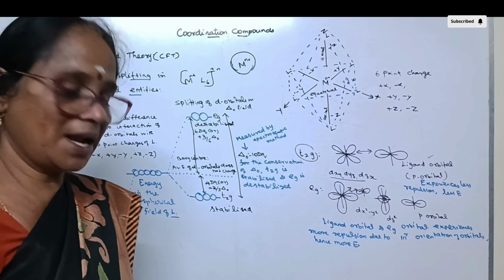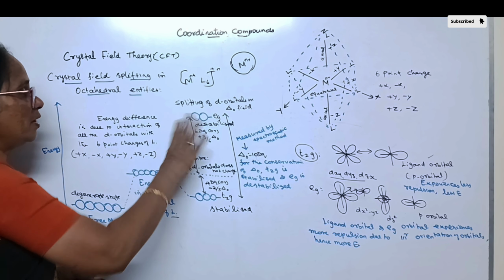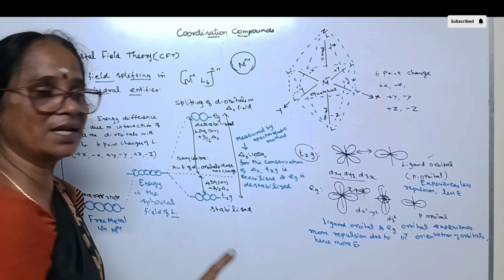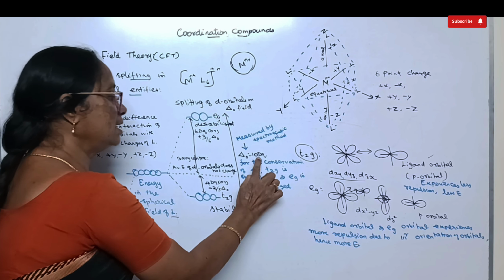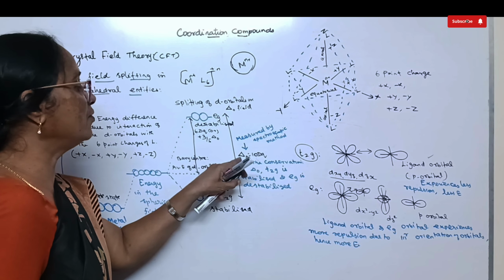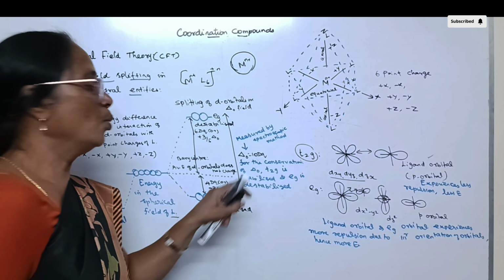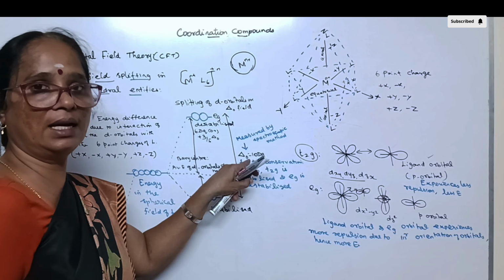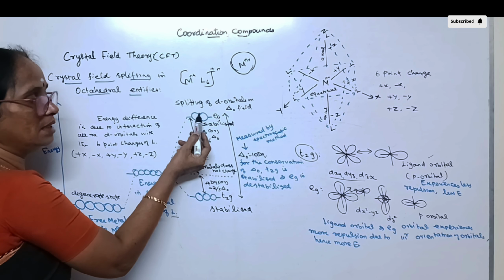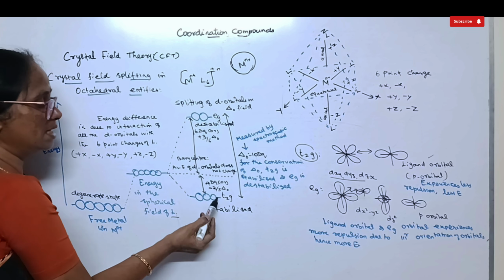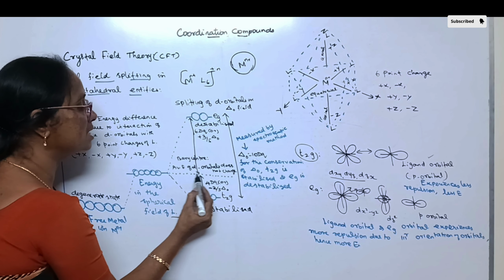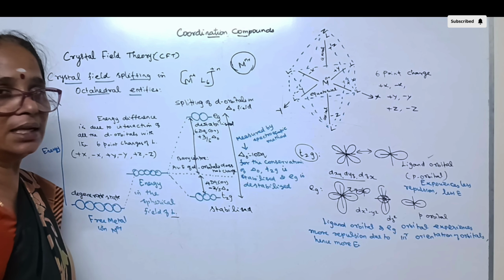But at the same time, the energy difference between the two sets of d orbitals is always the same, and it is equal to 10 Dq, and it can also be given by delta O. O is nothing but for octahedral complexes. So the energy difference between these two sets of d orbitals is calculated based on their barycenter.